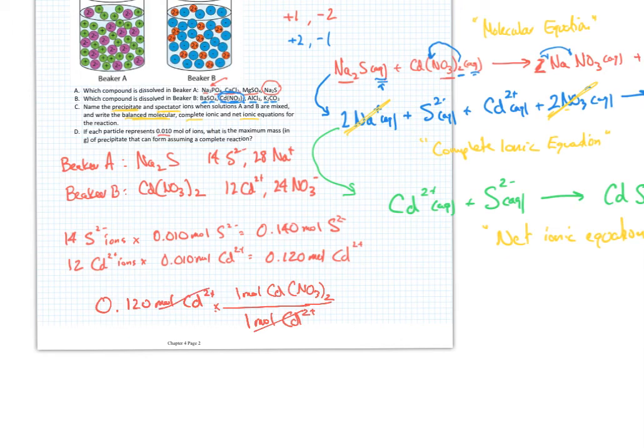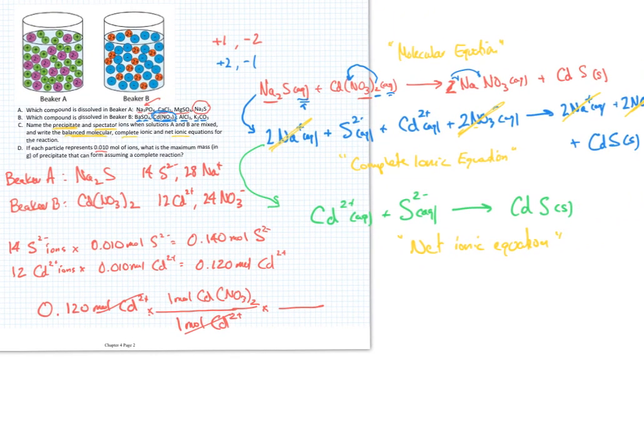They're not always going to be in a 1-to-1 ratio. Now we're going to say 1 mole cadmium sulfide for every 1 mole of cadmium nitrate. Again, they happen to be in a 1-to-1 ratio. That's not necessarily generally going to be true. So you can't forget these steps because chemistry professors usually give you problems where you can't get away with forgetting this step, for instance, because they'll pick a problem where you have to know how to do these steps in order to get the final answer.